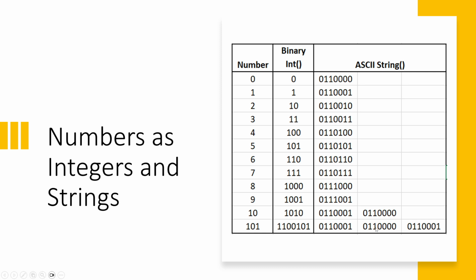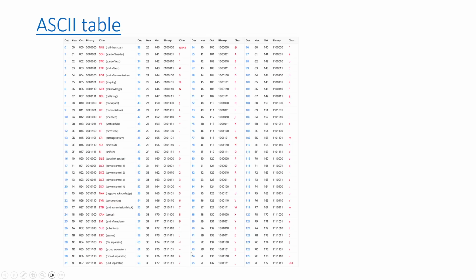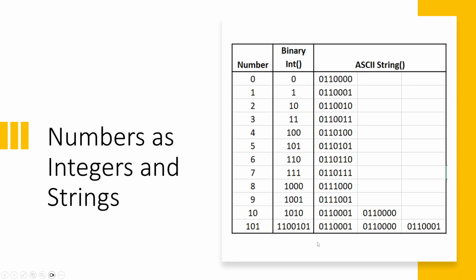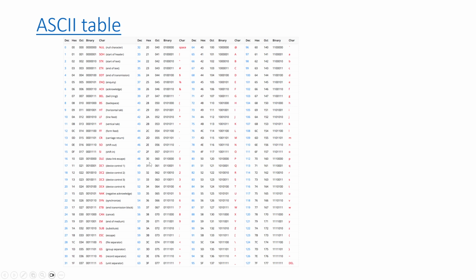This is just a position in that table we looked at. Let me double check that. 1, 2, 4, 8, 16, 32, 48. It's a 7-bit value. So if I go back here to 48, it's the character 0.